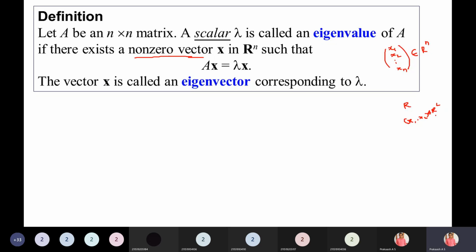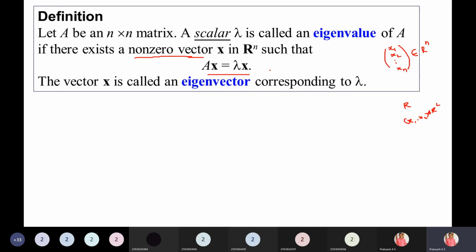If you take the transpose of a row matrix, you will get a column matrix like that. So it belongs to R power n, such that it satisfies this equation.